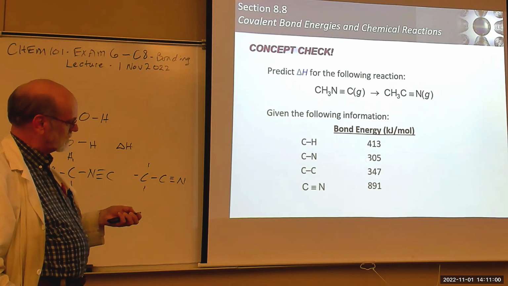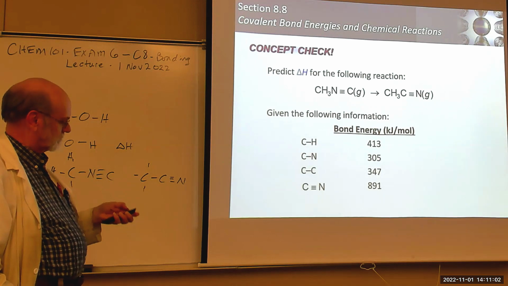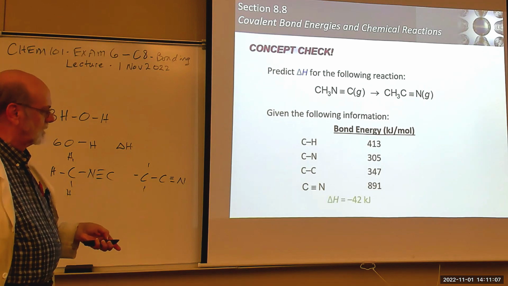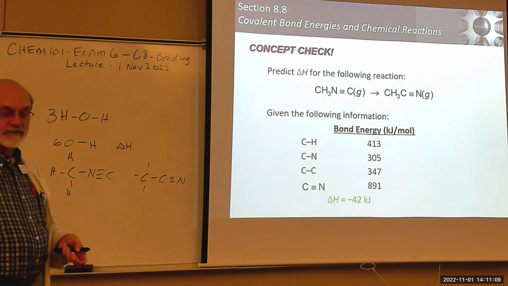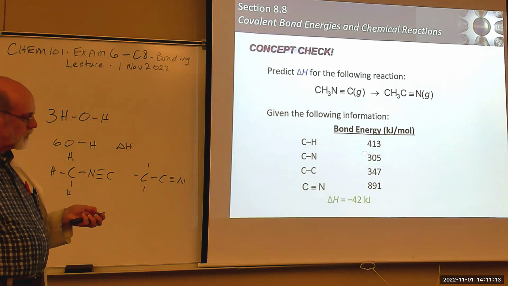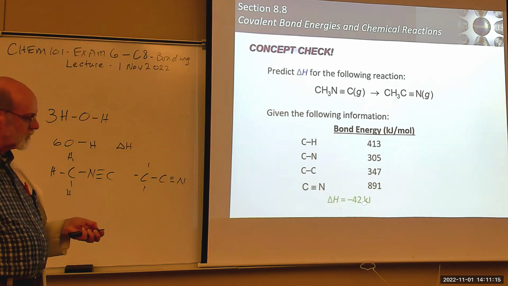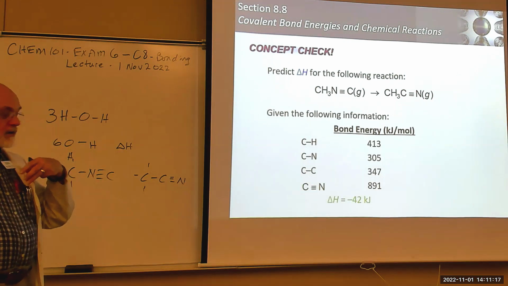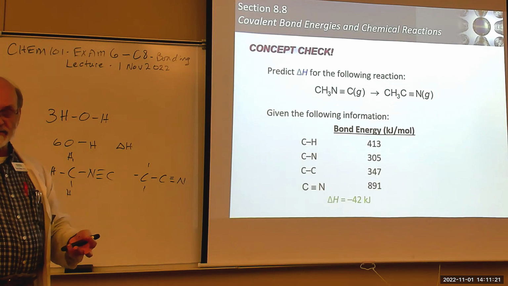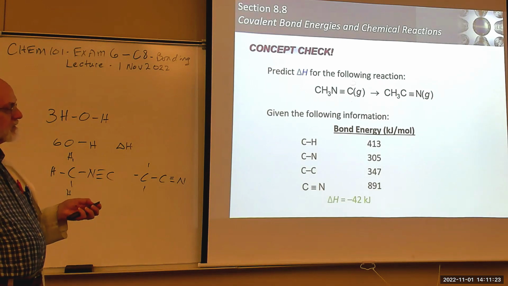So this one minus that one. And the difference is minus 42, because there's only one of them. So 305 minus 347 is minus 42, which means our enthalpy should be exothermic. This process should give up energy.